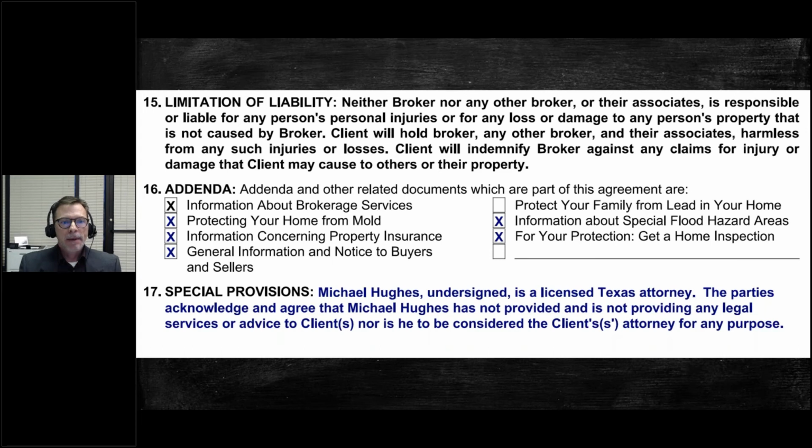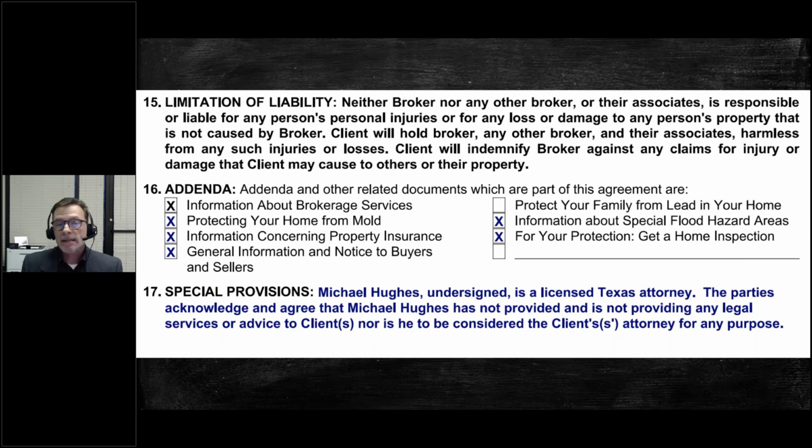Special provisions. Now bear in mind, this special provisions section is just for the buyer-tenant representation agreement. This is not the 1 to 4 family contract, so we're not talking about the business details of the home purchase. This is special provisions having to do with the relationship between the broker and the client.